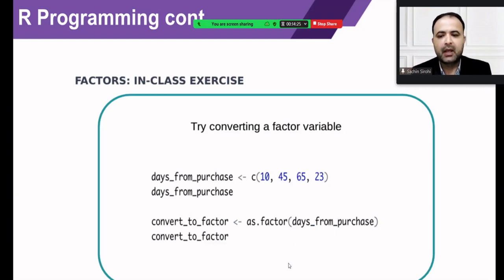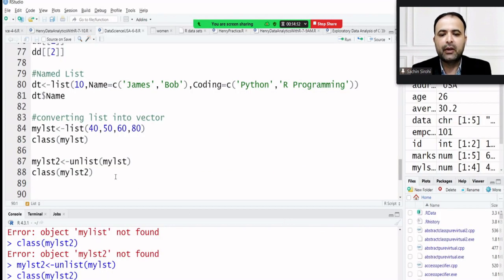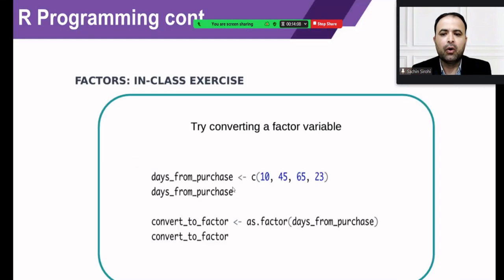Something like that. I have values in a vector: 10, 45, 65, 23. I want to convert these values into a factor. For values, I pass similar ones; passing all values in a vector depends on you.